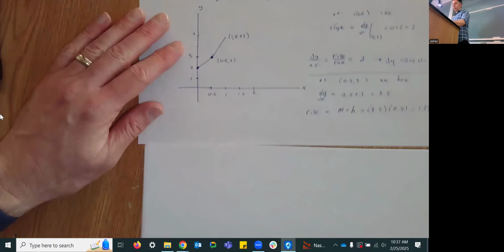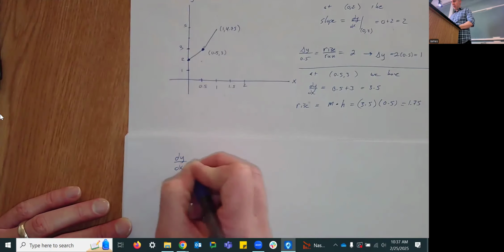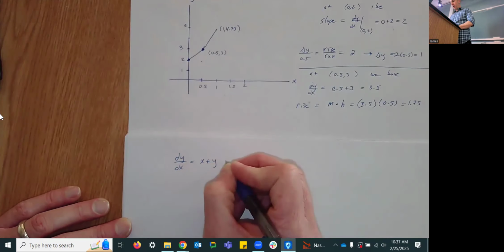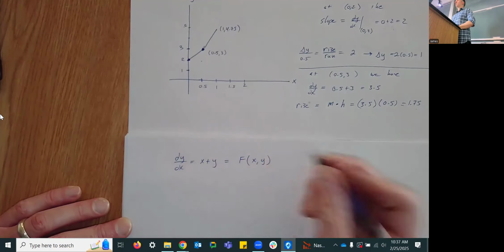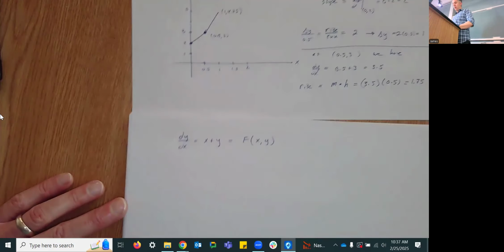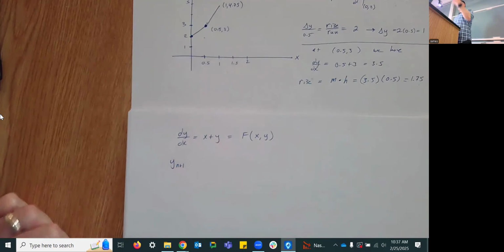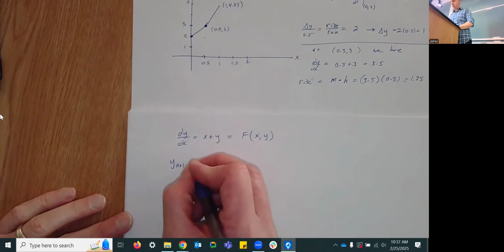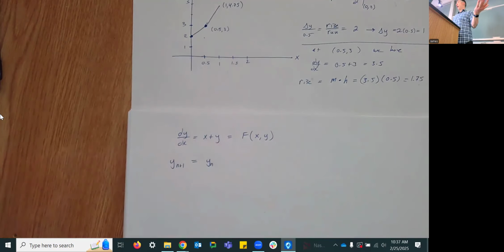So here's kind of the more general way we process this. We're going to think of dy dx equal to x plus y as our f of x comma y. This is the notation they typically use in the textbook. And then we're going to say that each subsequent y value, so the new y value, our y sub n plus 1, is equal to the previous y value plus the rise.